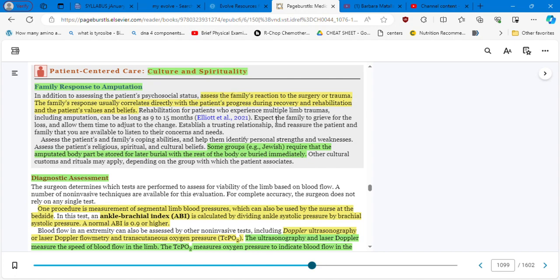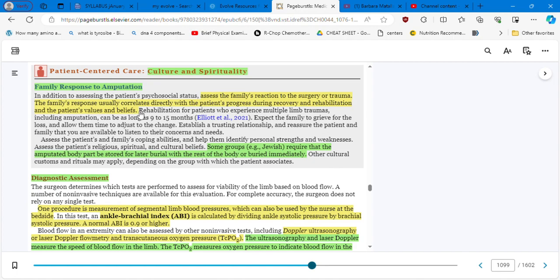Assess the family's reaction to the surgery or trauma. The family response usually correlates directly with the patient's progress during recovery and rehabilitation and the patient's values and beliefs. It is the type of energy of the caregiver, the family member that is going to help the patient improve in their condition.